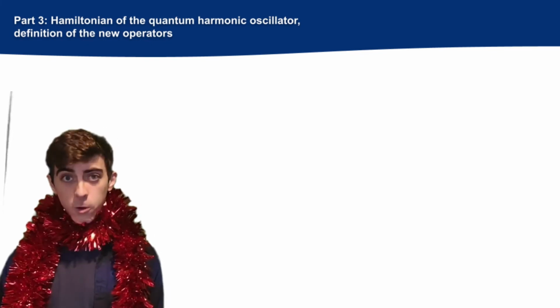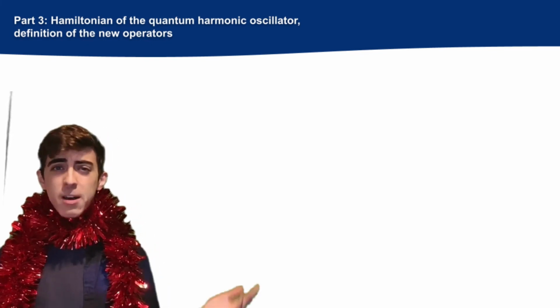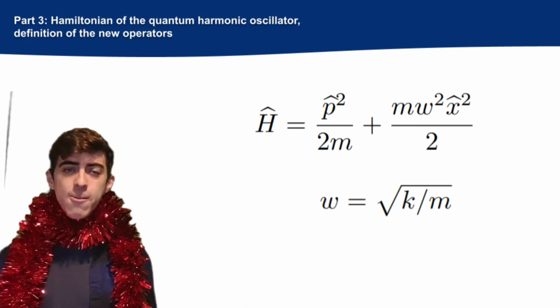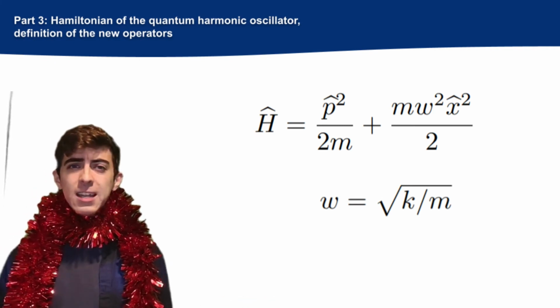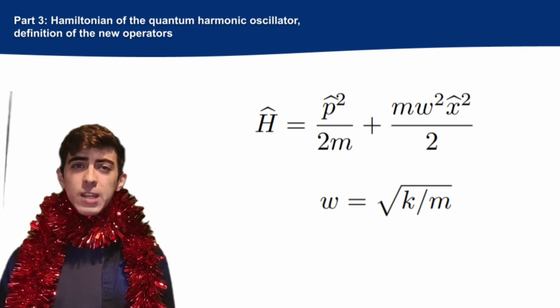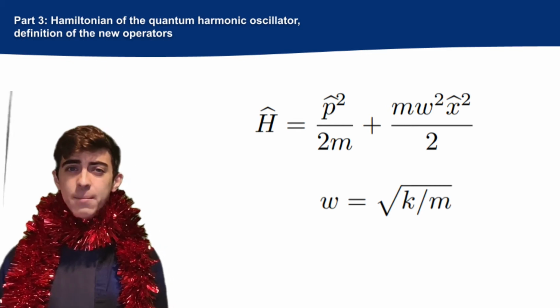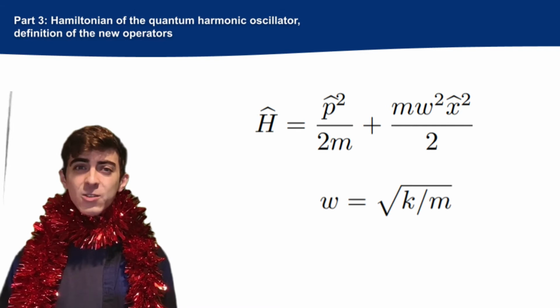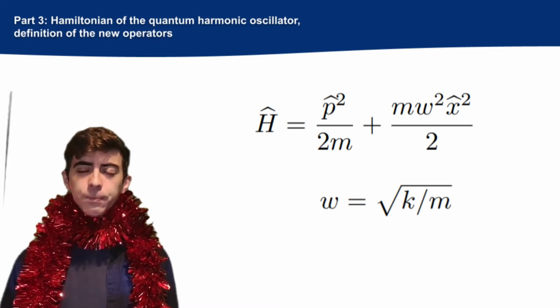And so, first of all, we should start with the mathematical expression for the Hamiltonian, H. And so we have H equals the operator P squared over 2 times the mass plus m times omega squared times operator x squared, everything over 2.